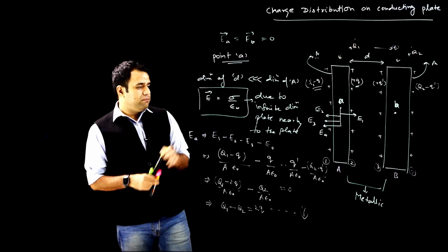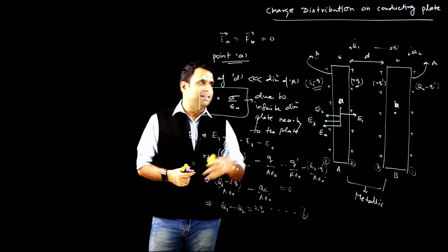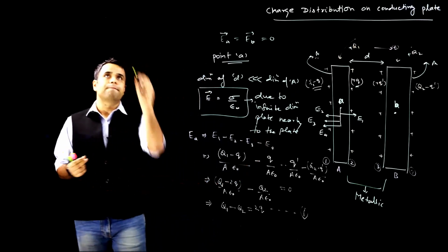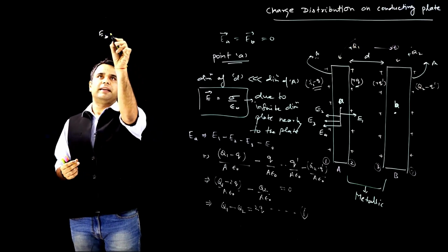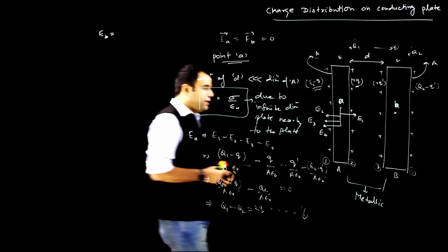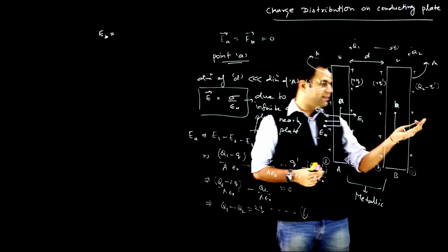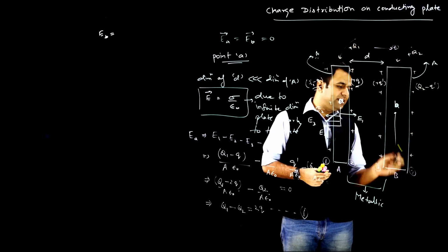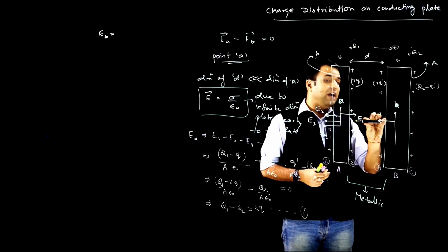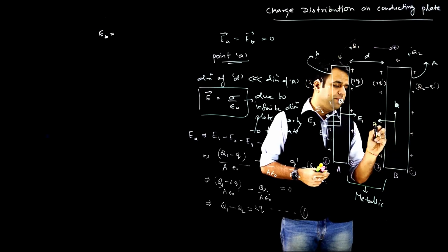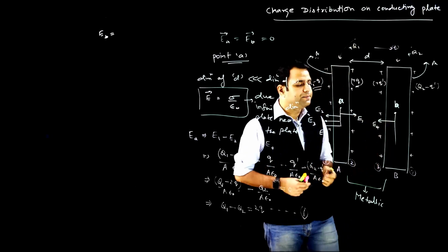Now I'll perform the same operation, but this time with point B. So EB, the electric field at B. At point B, there are these three sides and this one side. Because of this charge distribution, the electric field will be away from the charge distribution. So E4 will be in this direction.